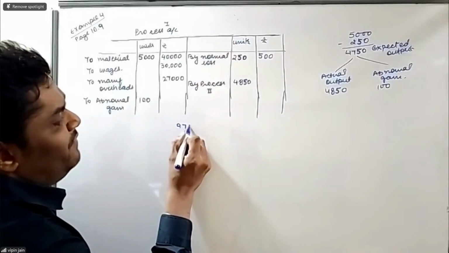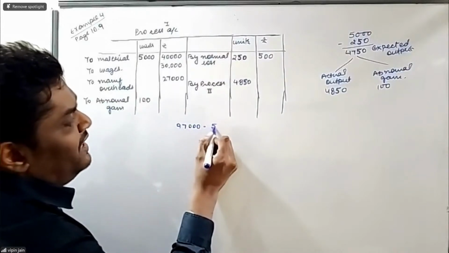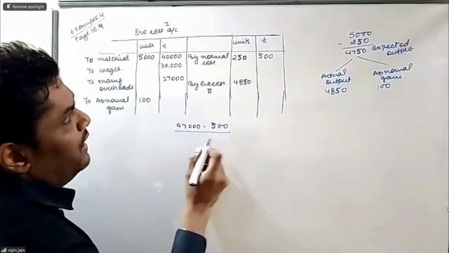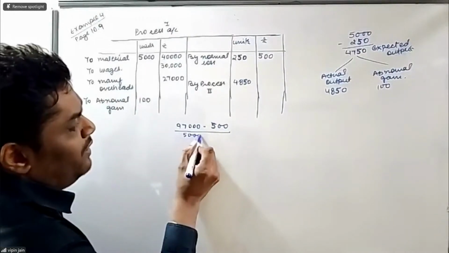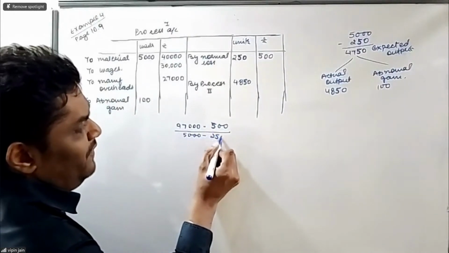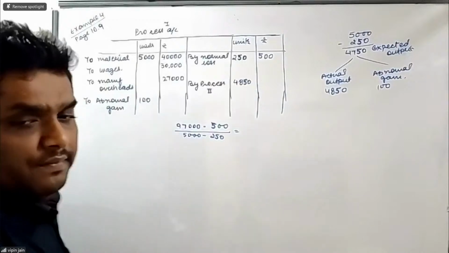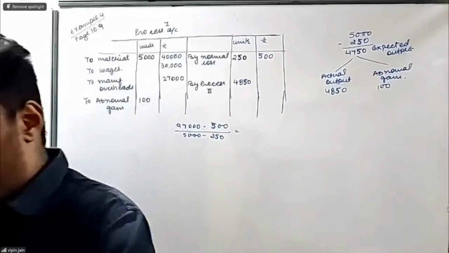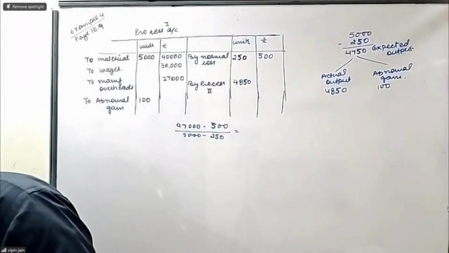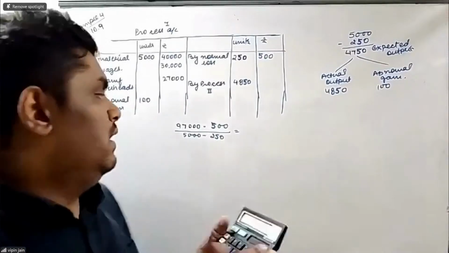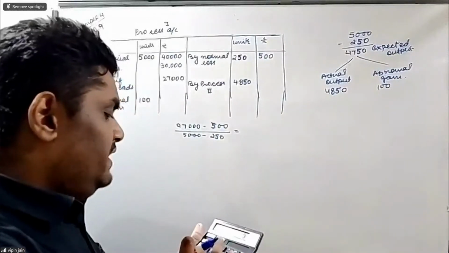That is 97,000 minus 500 divided by my expected output, that is 5,000 minus 250. I'm following the same approach in every question.